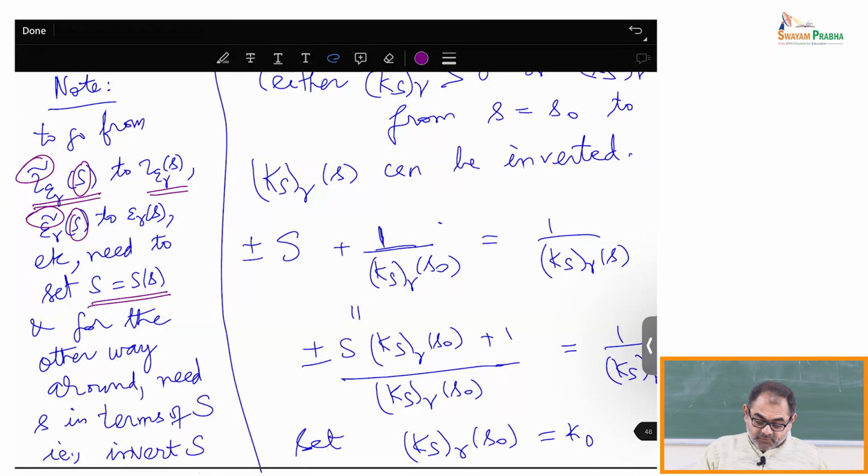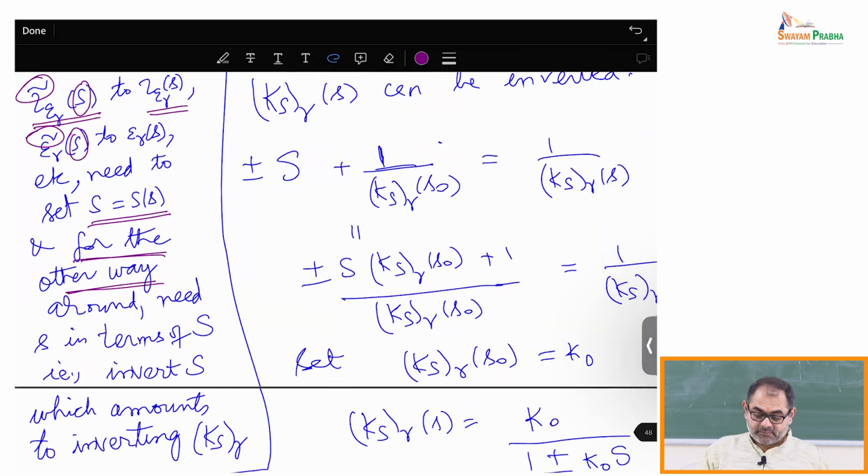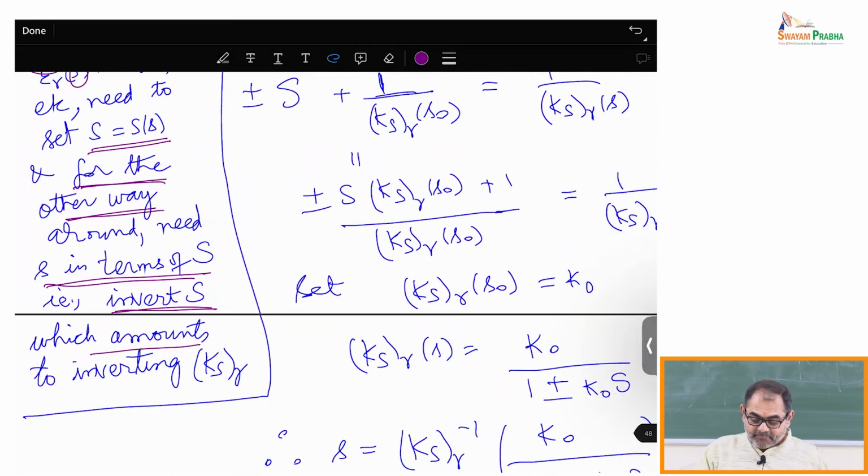But if you want to do it the other way around, there is something else that you have to do. You need small s in terms of capital S. That means you have to invert this capital S. Inverting capital S actually amounts to inverting the sign curvature. So if you want the arc length of the original curve in terms of the arc length of the evolute, you have to invert the sign curvature.